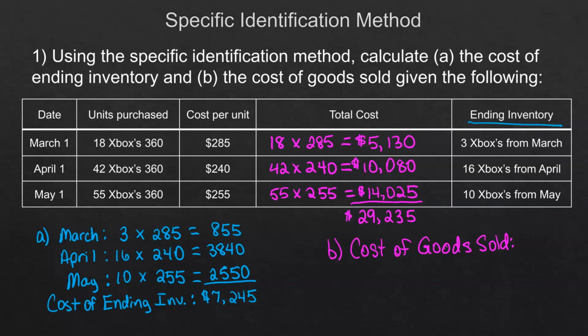The cost of the goods sold, how much do we sell? It's just the difference between those two. So we take the 29,000 and subtract the 7. So our cost of goods sold is $21,990. And that's method number 1, specific identification.